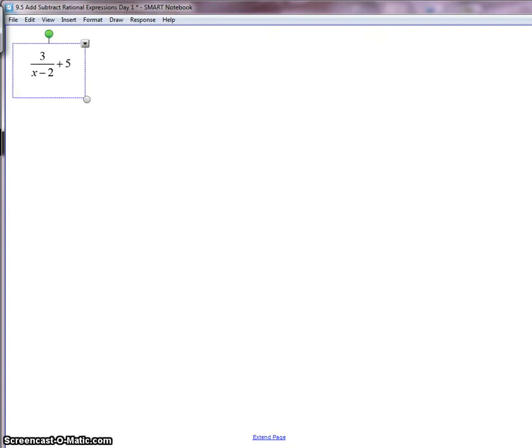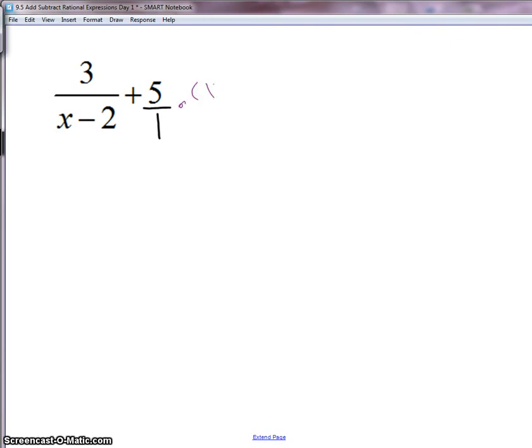Okay, this one. Guys, remember, the 5 is a whole number. For the whole number, you just put it under 1. So all we really need to do is multiply this left fraction by x minus 2 on top and bottom. Left fraction, right fraction.